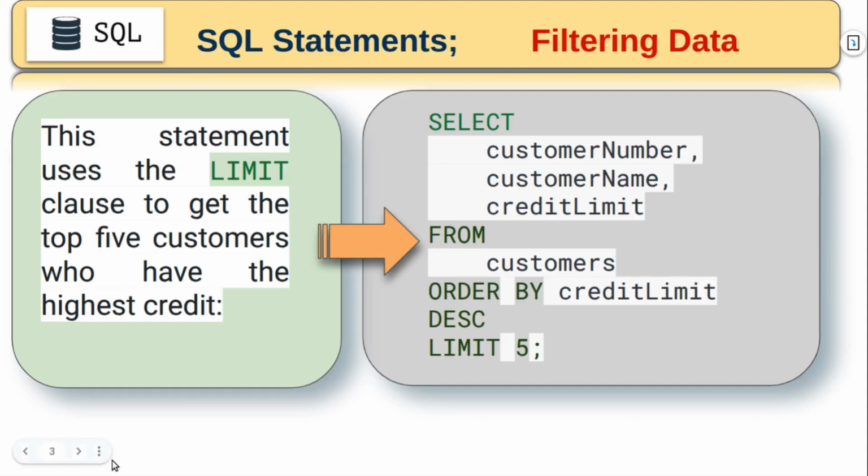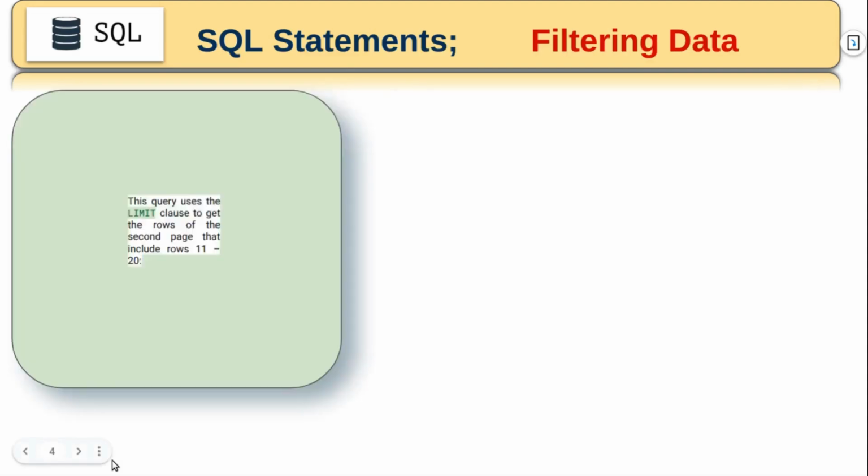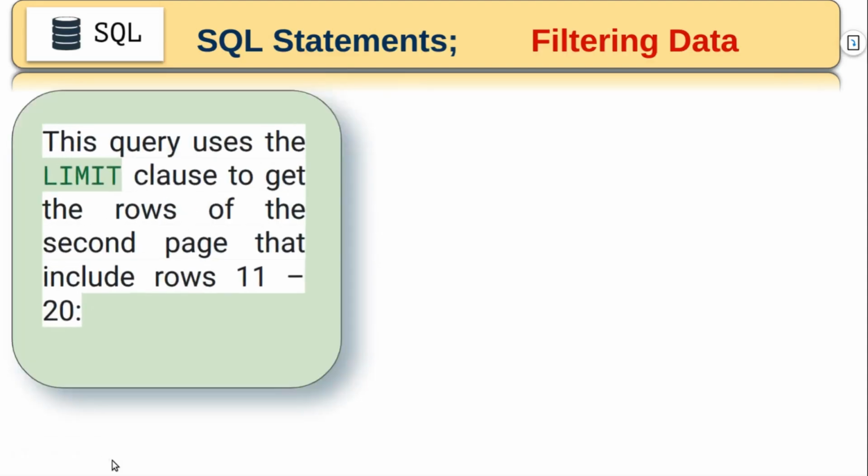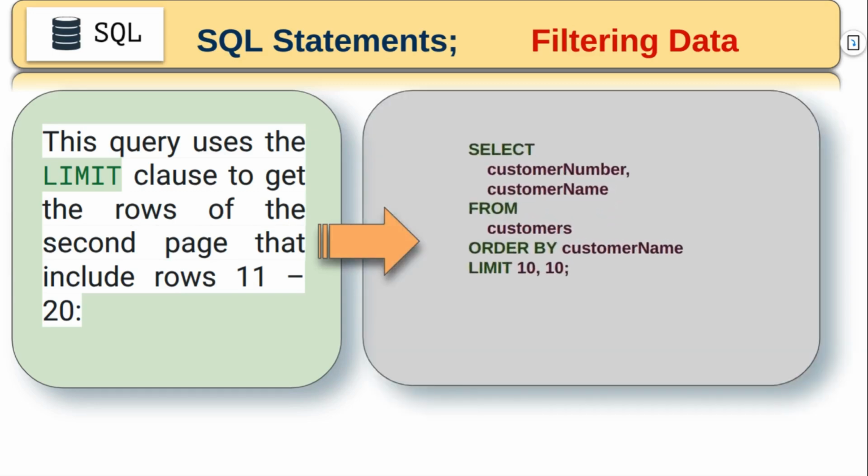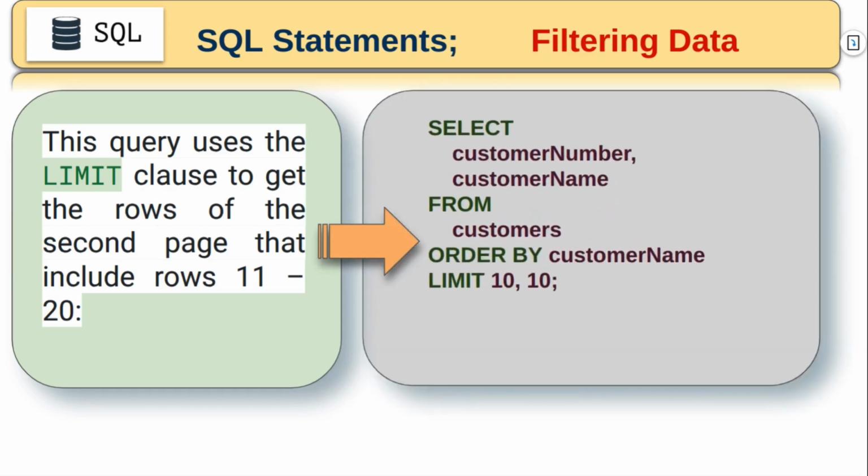Now we come to the next example. This example says: get the rows of the second page that includes rows 11 to 20. What is the meaning? We have to display 20 rows starting from the 11th row.